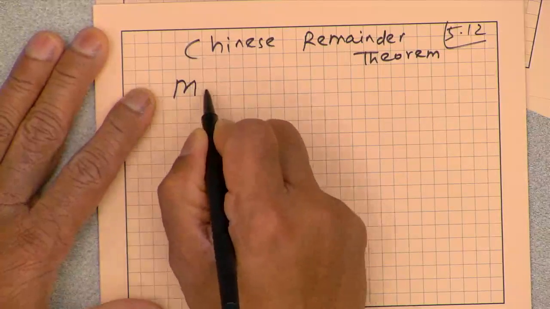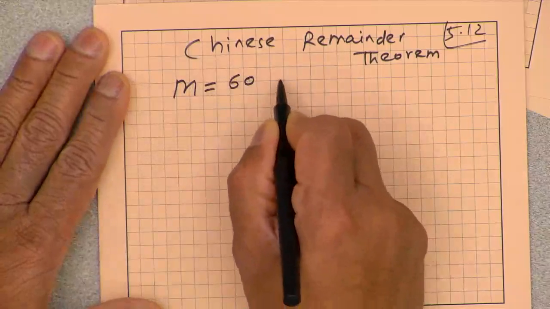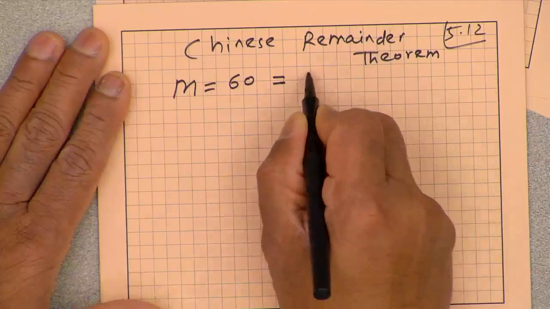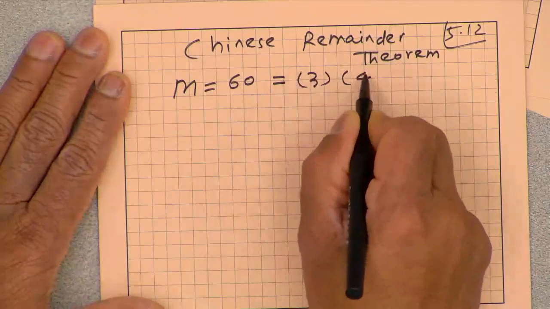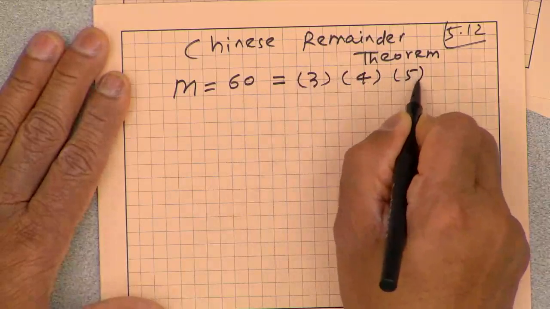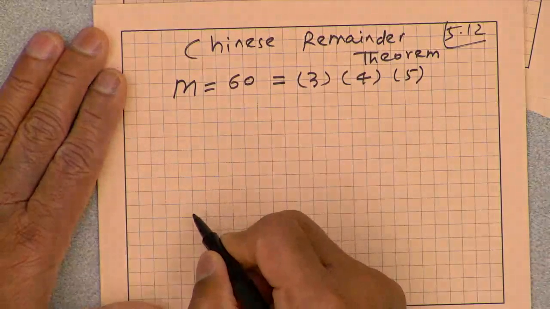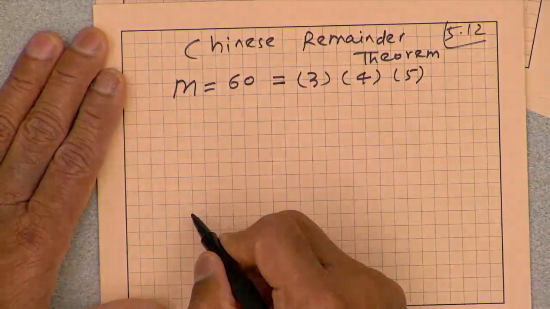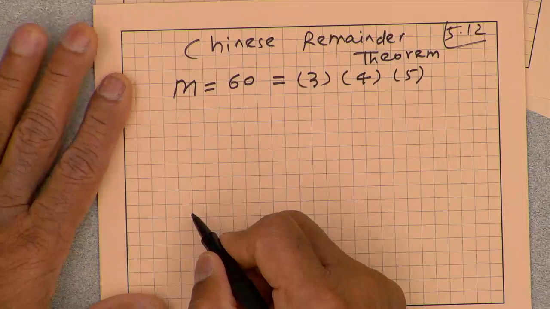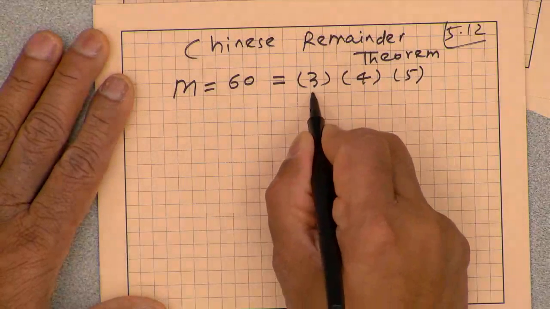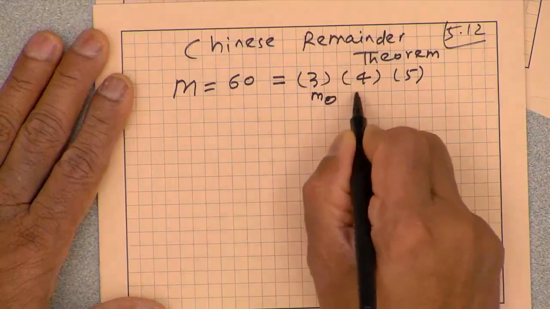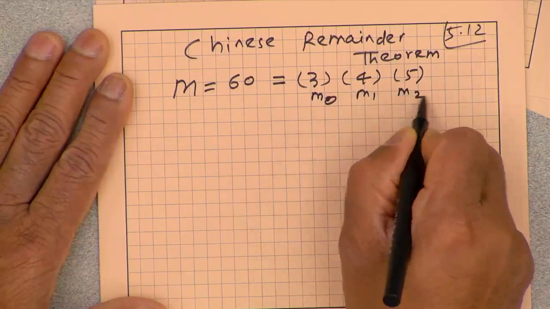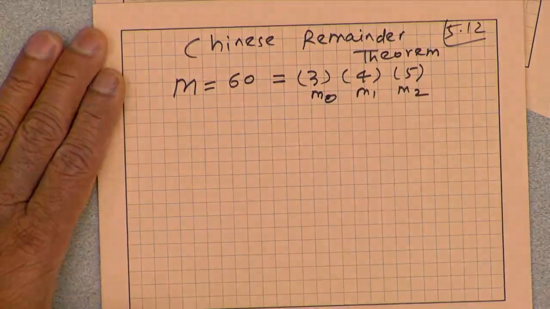Let me call it M, which is 60, and I express that as a product of small numbers which are relatively prime, 3 times 4 times 5. Okay, these are relatively prime. And let me call these M0, M1, M2.